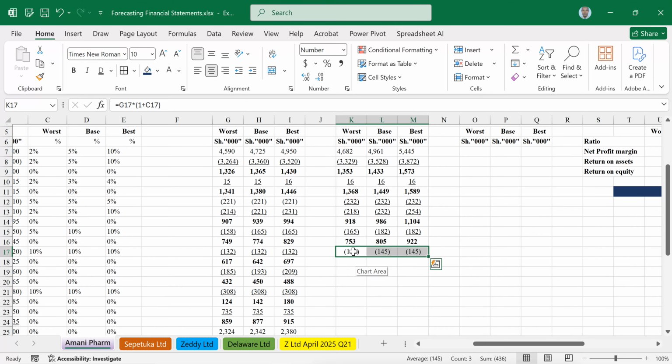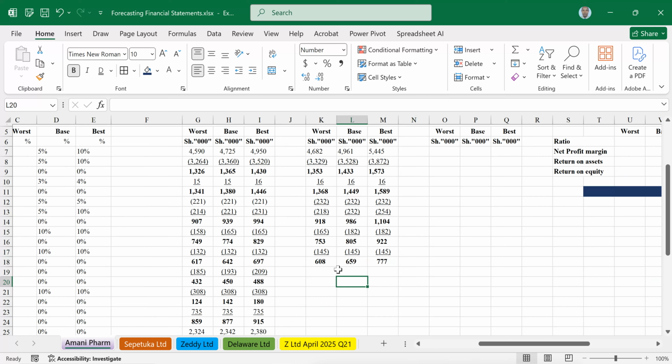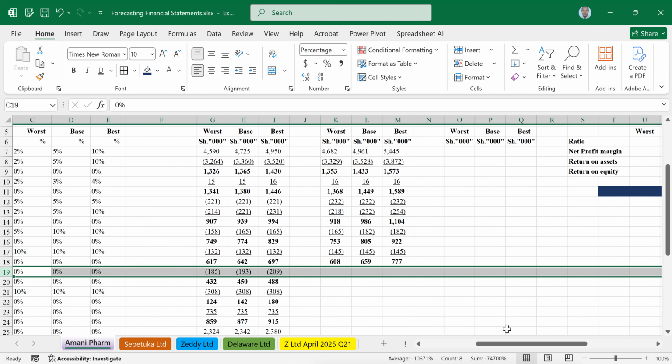And you will again add this to give us earnings before tax. Now remember, tax, you don't copy the formula.